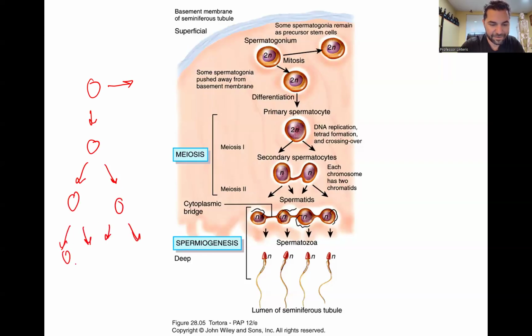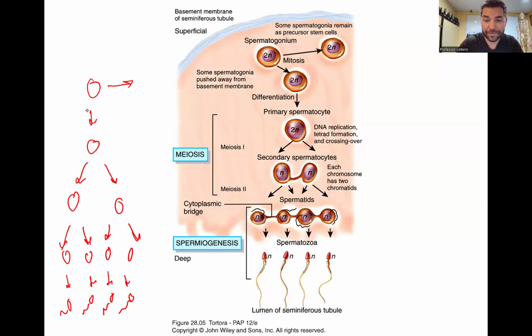But the key factor here is that you end up with functional sperm, right? So I kind of simplified this picture, if you will, from what you're looking at here.